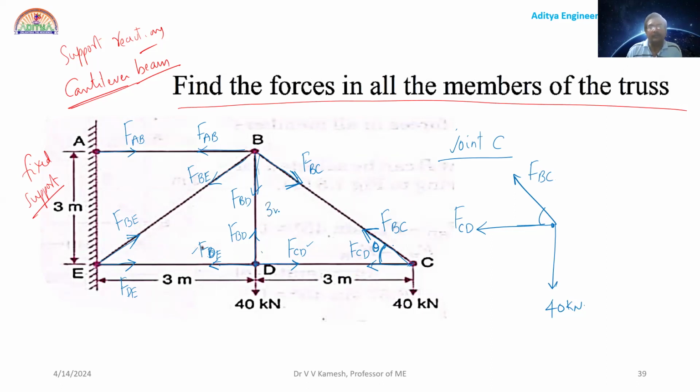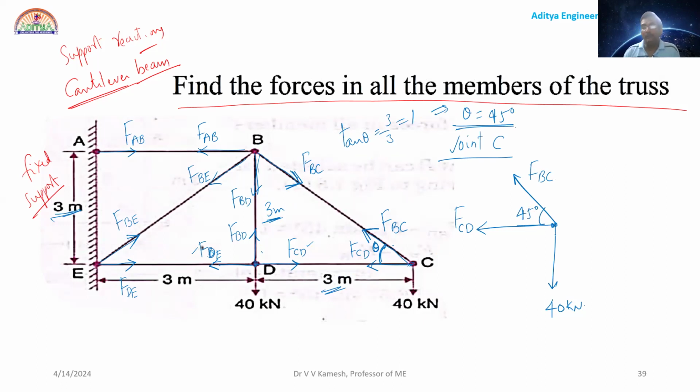BD is equal to 3 meters, because BD and AE are parallel, and AE is 3 meters. So BD is also 3 meters. What about CD? 3 meters. So, what is tan theta here? Tan theta is equal to 3 by 3, which is 1. So my angle theta is equal to 45 degrees. So this will become 45 degrees, right?